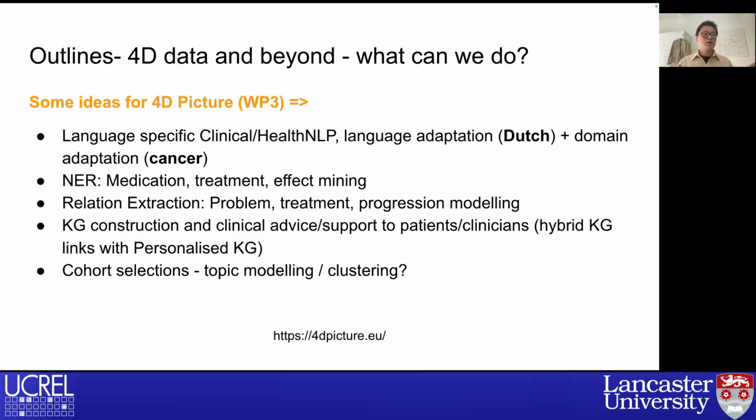Then what we still need to do is medication and treatment effect event mining and their relation extraction, and also put in a temporality layer, and the knowledge graph construction of extracted entities. After we extract these entities, if we can make the correct relations, we can build a graph.